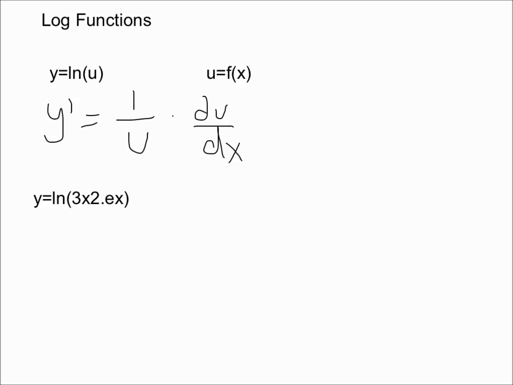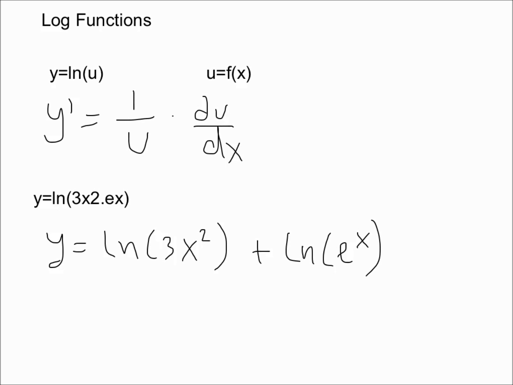And that will go out like y is going to be equal to ln of 3x squared plus ln of e to the x. Because when you have a multiplication inside a logarithm, you can separate it into the sum of each. And now we can solve this as two different problems.